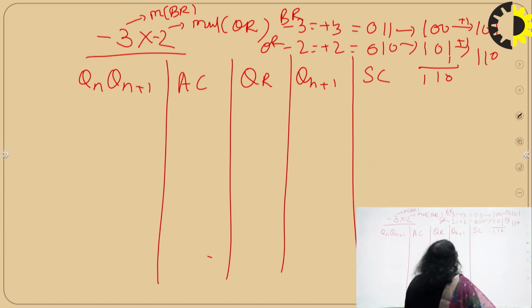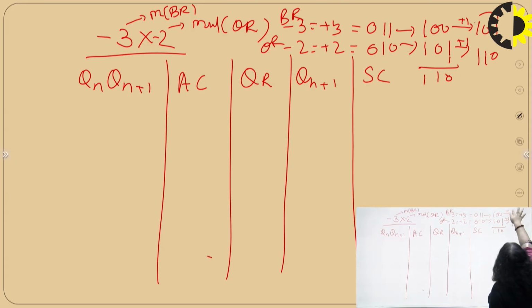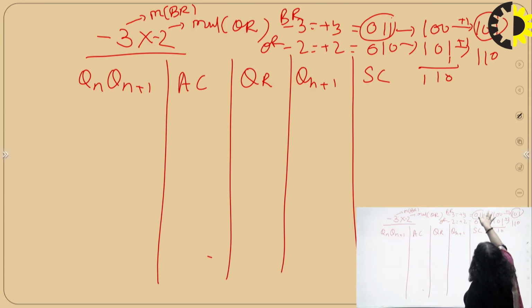Okay. So we need BR complement plus 1. So again we take the 2's complement of that. This is the BR complement plus 1.